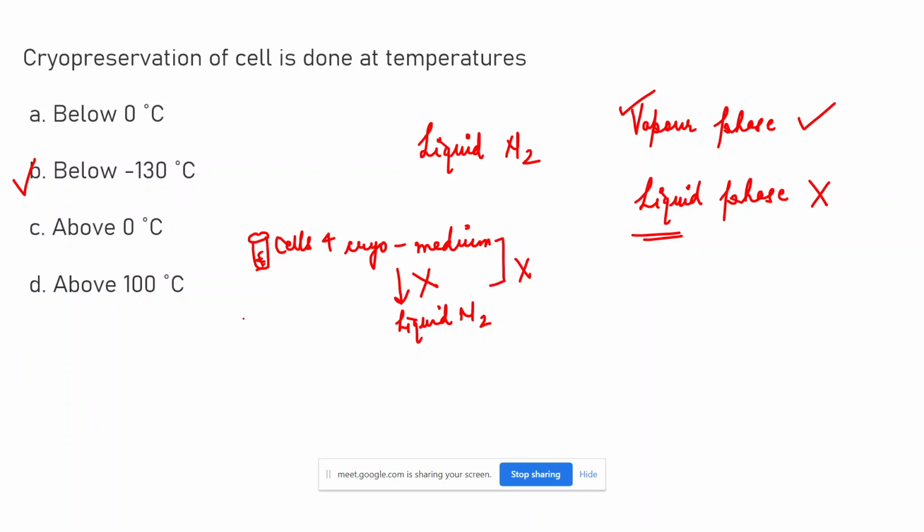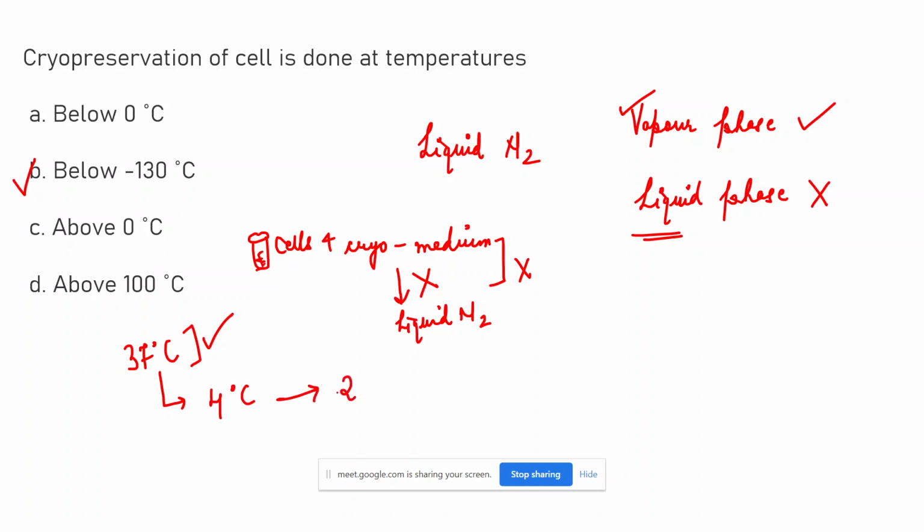So what is done is that when you have your cells in cryomedium, you go on gradually decreasing the temperature. So first from 37 degrees Celsius, the optimal temperature at which your cells are cultured, when you add cryomedium, you keep the cells at 4 degrees Celsius for some hours.